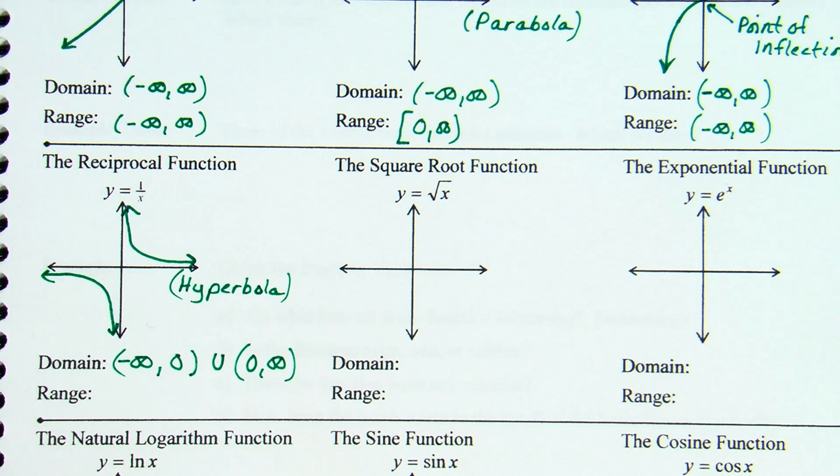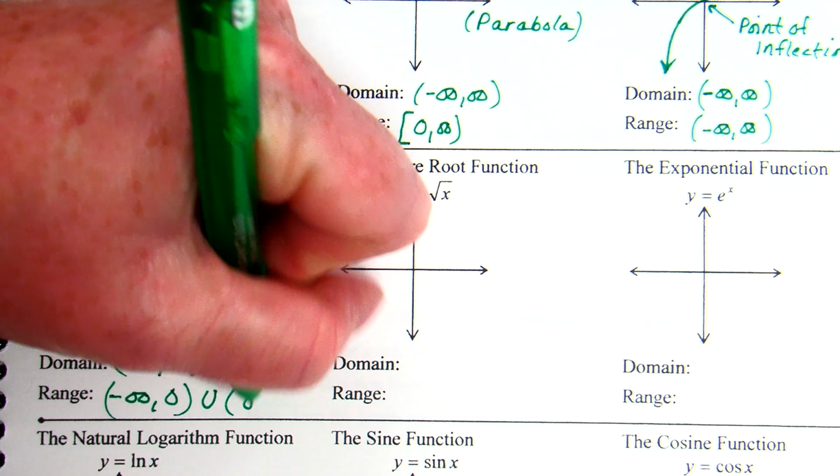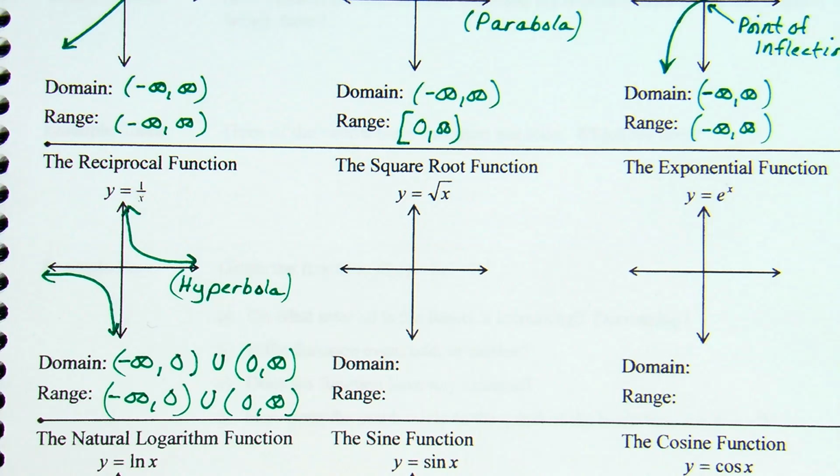But then up on the top side, we pick back up again. So we have y values, negative infinity, all the way up to 0. Jump over 0, because that's an asymptote, and then 0 to infinity. So our domain and range actually look the same this time. The difference is that domain is technically our x values and range is technically our y values.